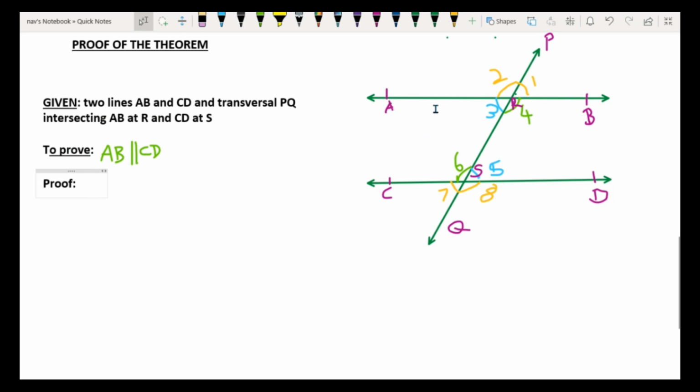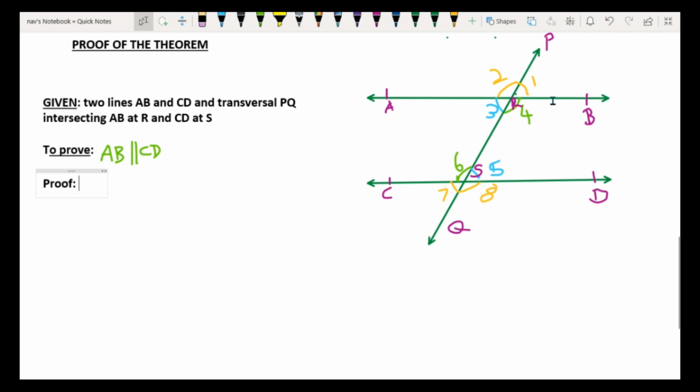For lines AB and PS, you can see these two lines, right? For lines AB and PS, angle 2 equals angle 4. Do you know the reason? The reason is that angle 2 and angle 4 are a pair of vertically opposite angles.